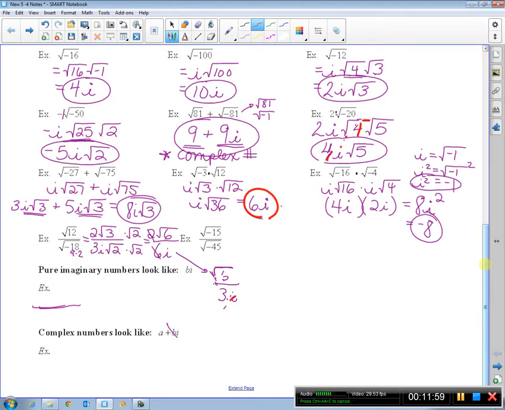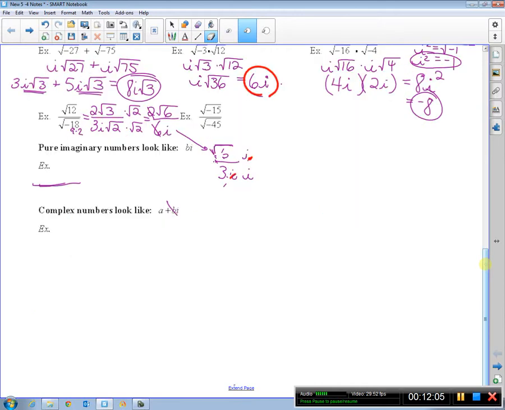I'll show you tomorrow that i isn't allowed to be in the denominator either. Don't know what's happening with my smartboard. Let me move that up and write that a little bit nicer. So what we'll do tomorrow, if you want to give it a try, we're going to rationalize the i as well. You can show me tomorrow what you think that would be.